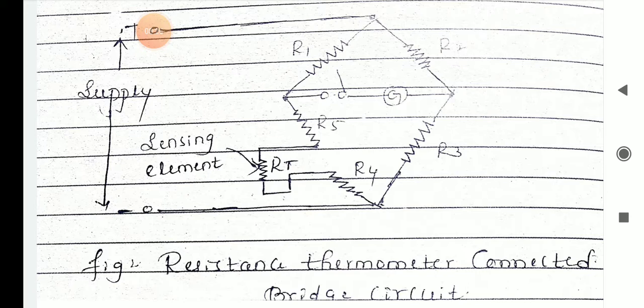Where R0 is the resistance at 0 degree Celsius, RT is the resistance of the thermometer at T degree Celsius, alpha is the temperature coefficient of the material, delta T is the difference between operating and reference temperature relative to 0 degree Celsius.